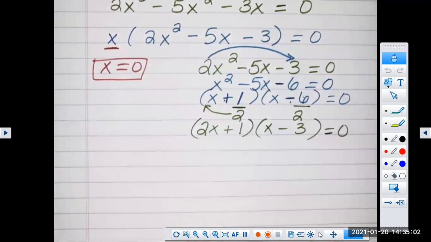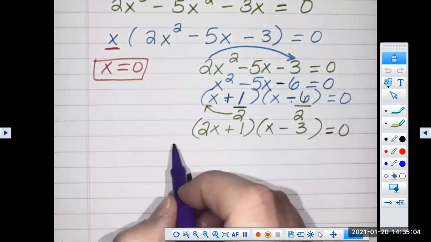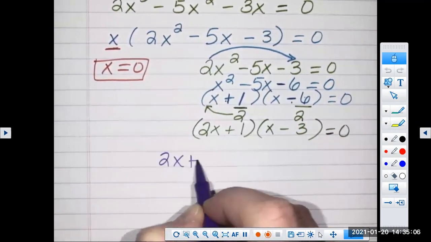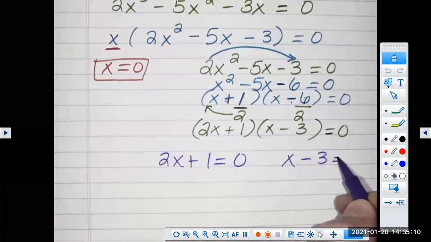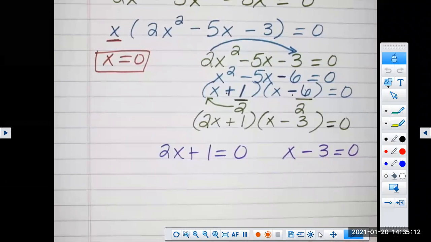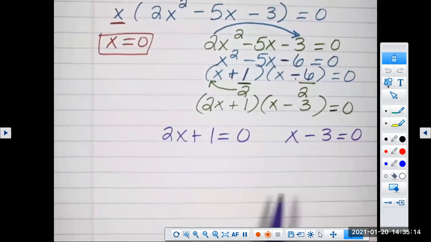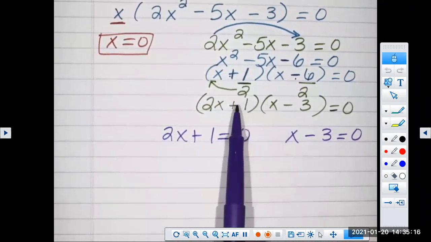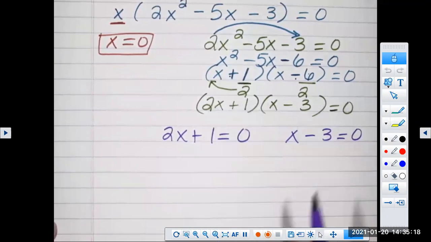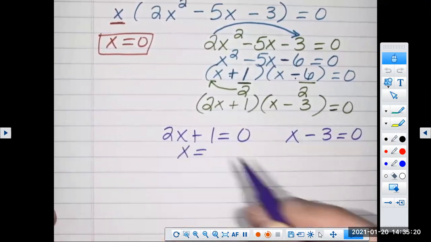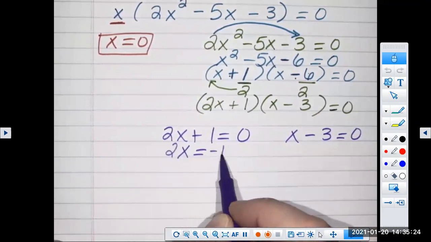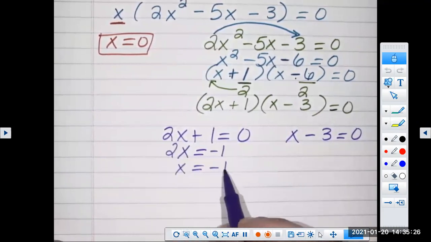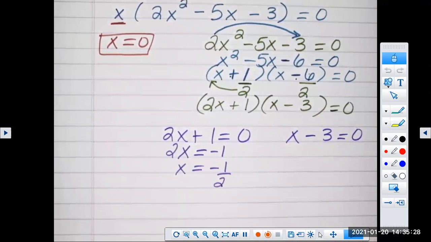Now the last step is actually solving it. You take each factor, set it equal to 0 to solve it. And of course, most of that you can do in your head. Like you can think about if you subtract 1, divide by 2, like what is x? X should be -1/2 or -0.5.